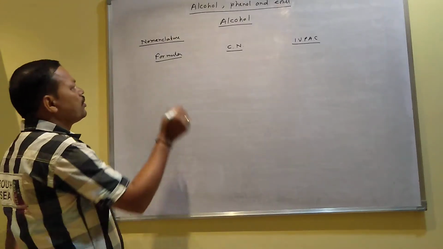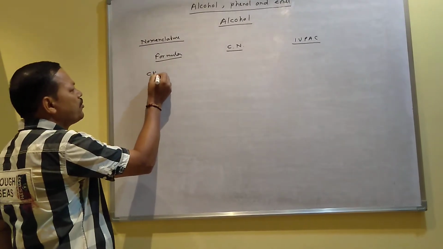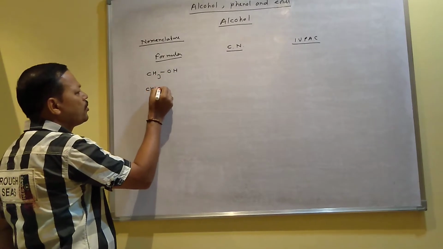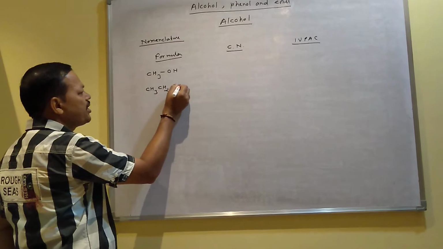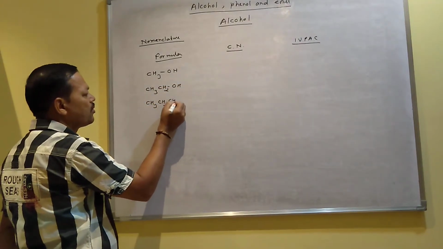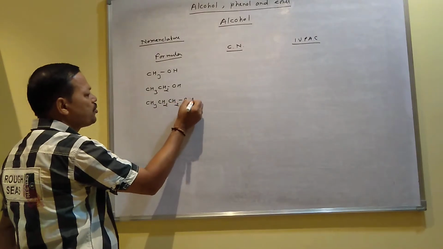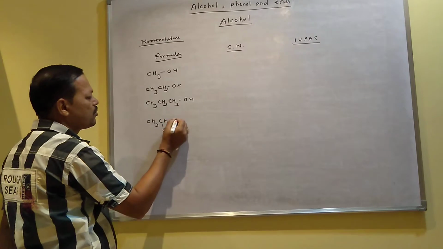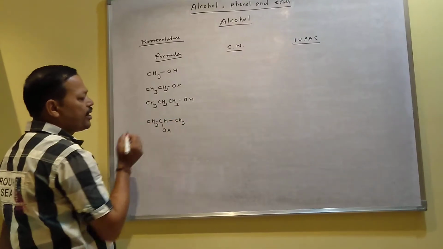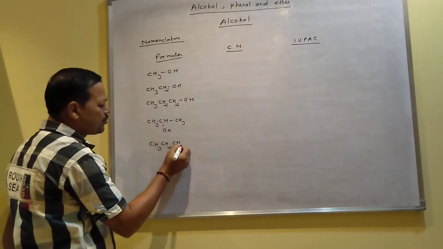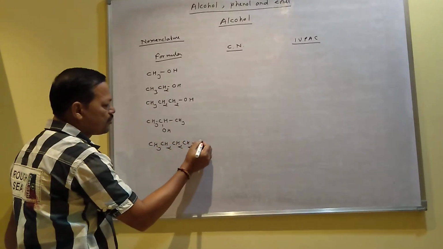Okay, now we'll do the naming. First time I'll write some formula. This is one alcohol. This is another alcohol. This is one alcohol. This is another alcohol. This is one.